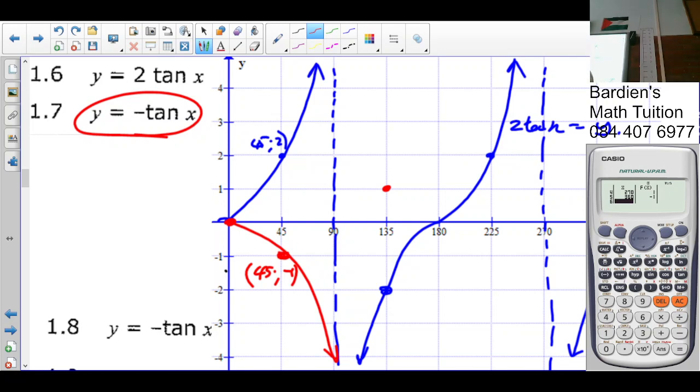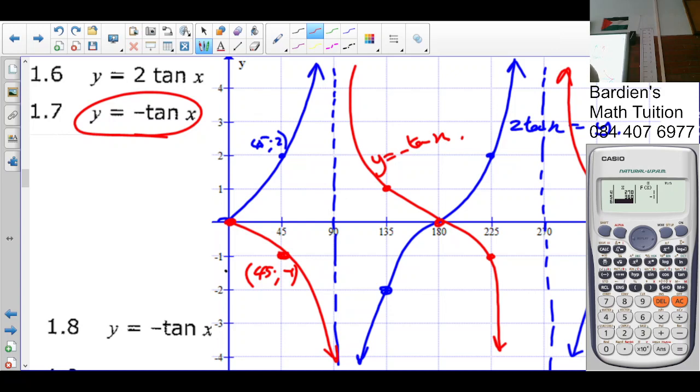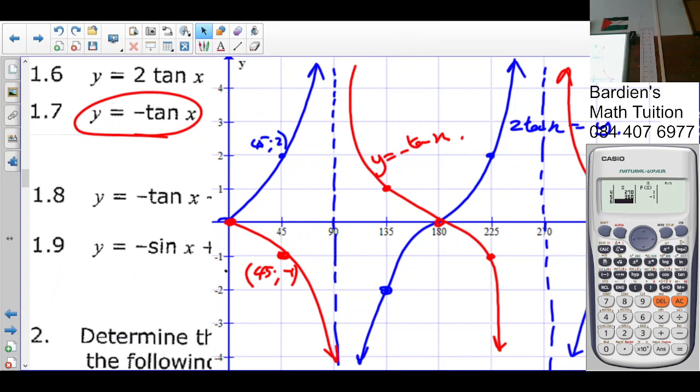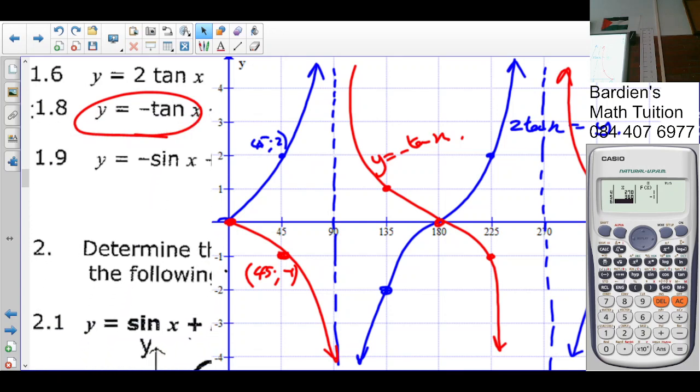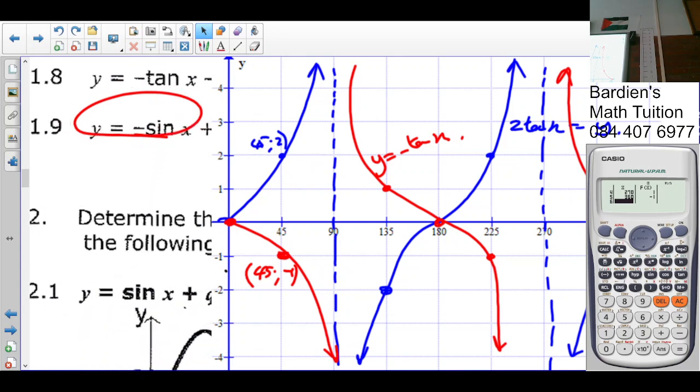So 135 is 1, 0, minus 1. This is y is equal to minus tan x. I know they didn't ask you to draw this in x. I'm just drawing it here.